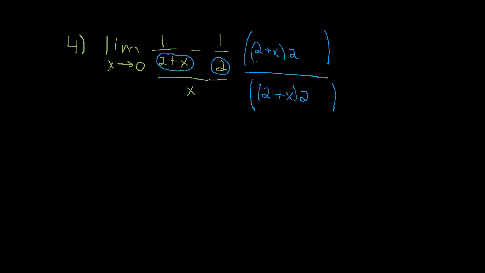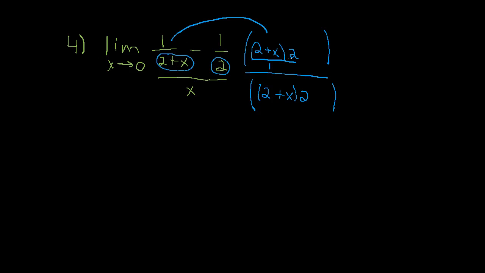Some people get confused right here. Whenever they're multiplying by fractions, sometimes they like to put that 1 underneath to recognize that we're multiplying the 2 plus x times 2 times this 1. Well, when I multiply this by this first term here, you'll notice that my 2 plus x up here reduces with this 2 plus x down below.